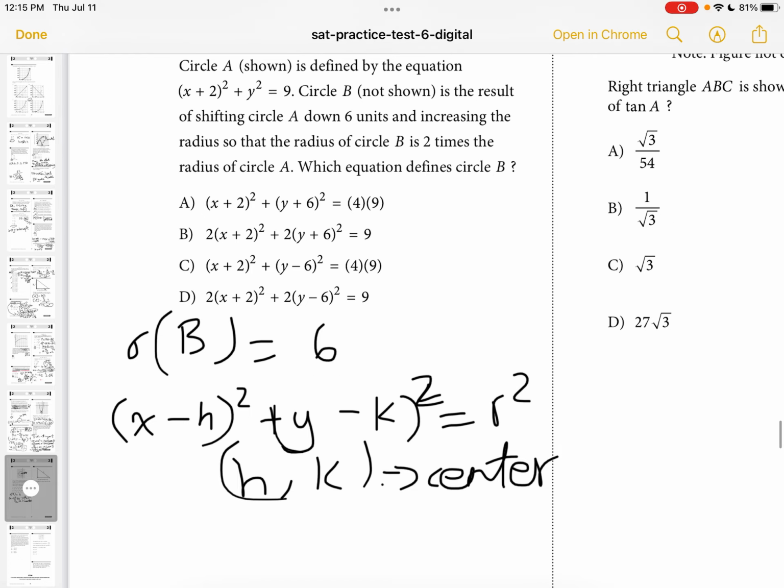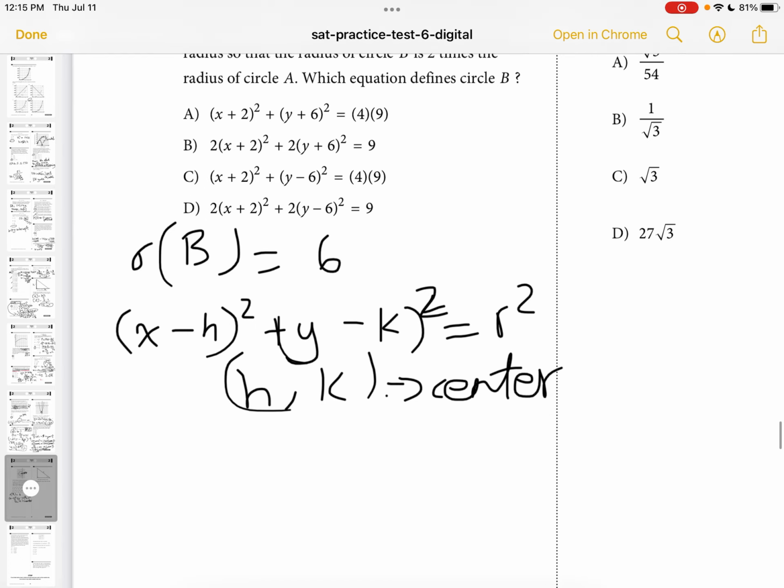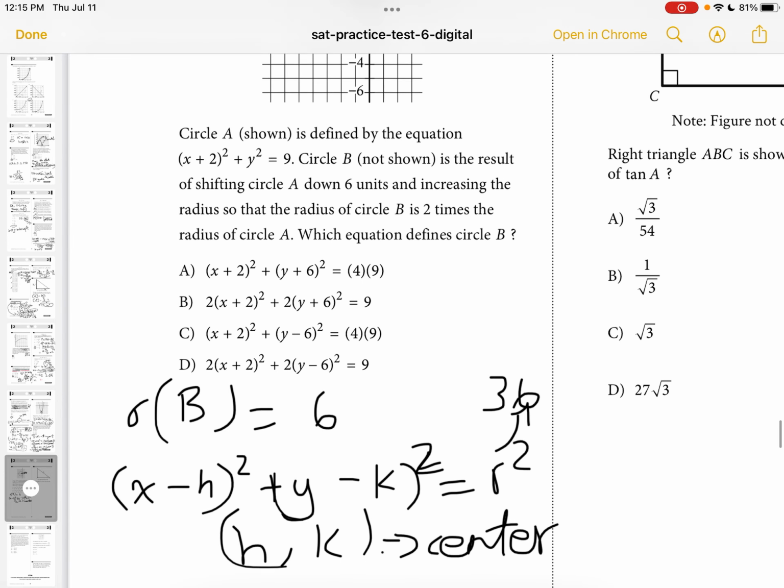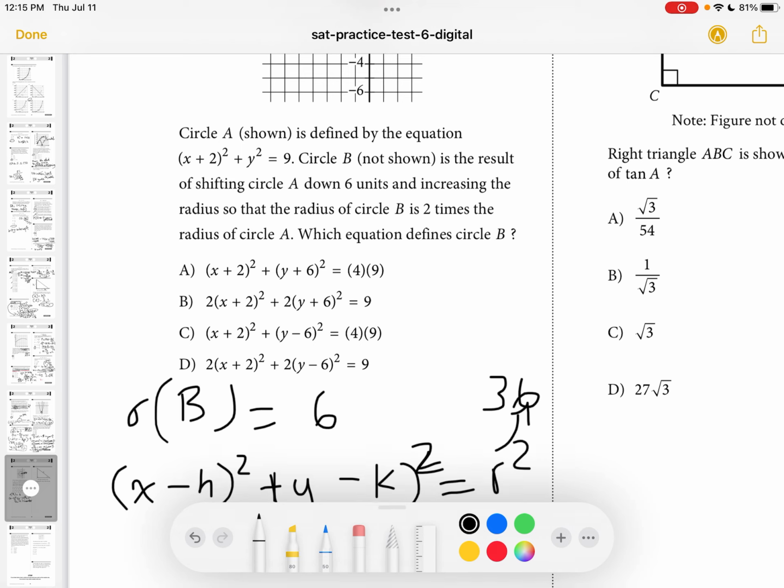So basically the question is asking us to write a circle equation for circle B. We know the radius of circle B, so this part is equal to 36. We just need to know what h and k are. And that's where the shifting information comes in.